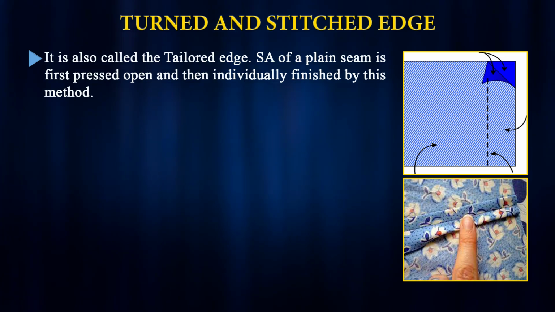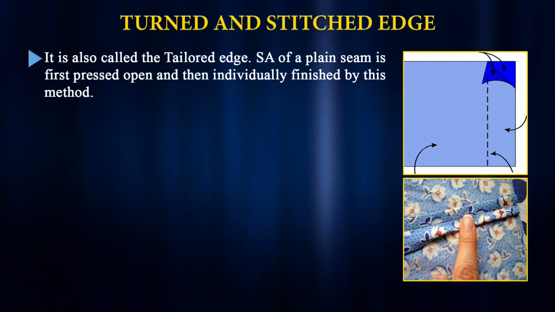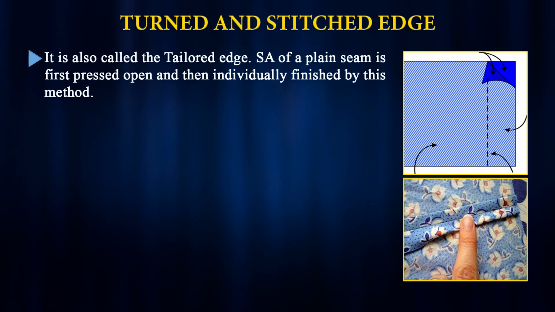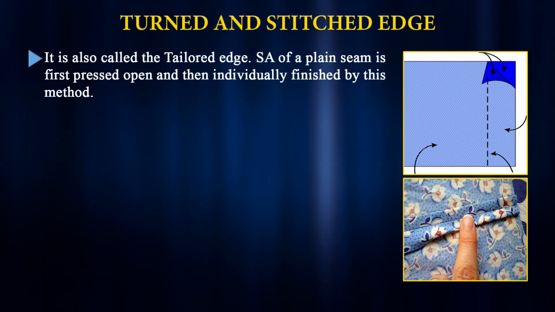When you see any tailor-made garment, or any garment which you got stitched by a tailor, the seam allowance of the plain seam is first pressed open, and then individually finished by this method.